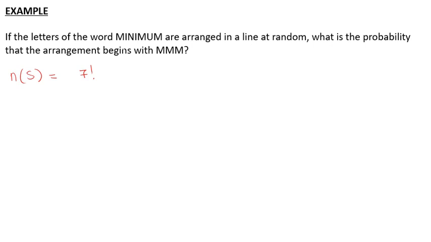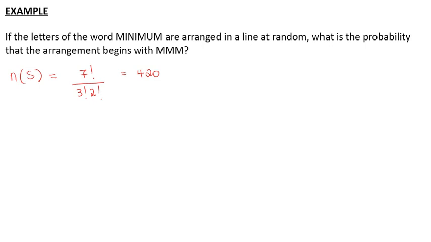We have 3 M's, so we divide by 3 factorial. We have 2 I's, so we divide by 2 factorial. And I think that's it for the repeated ones. All right. So 420 is the number of ways of arranging the letters in the word minimum.